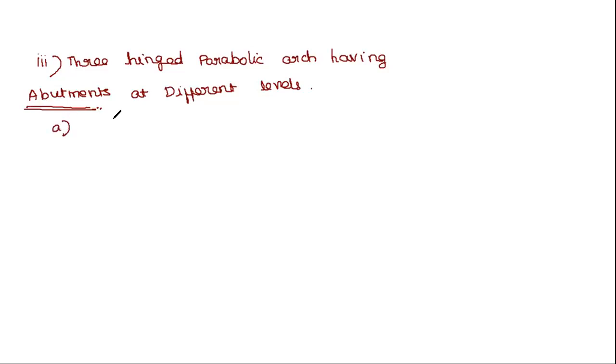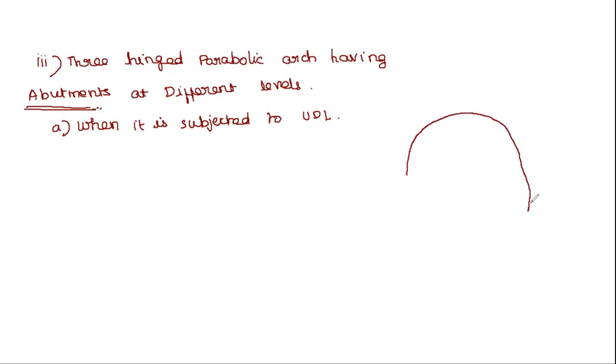So here we have two subdivisions. The first one is when it is subjected to UDL over the entire span. So the springings, that is the supports, are at different levels. Now the diagram will be like this.